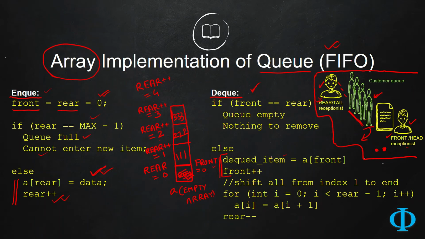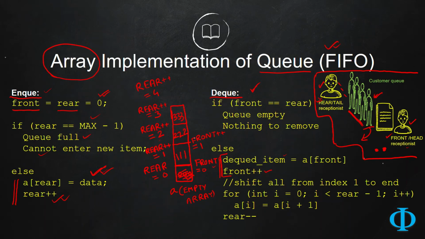I saved it in dequeued item, and then I am incrementing the front variable by 1. So now instead of 0, the value of front is front plus plus, that is equal to 1. So 0 is eliminated and front is incremented to 1.